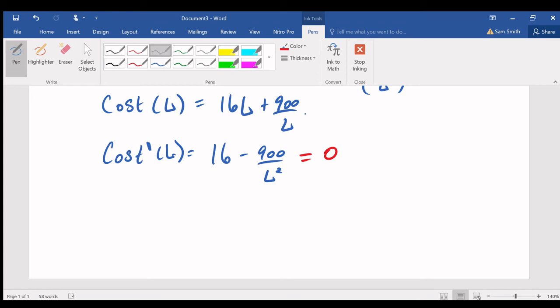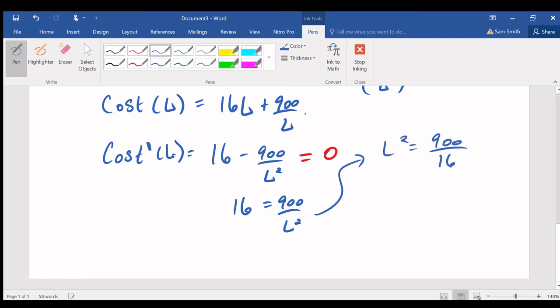So here we go. If I rearrange this equation, 16 equals 900 over L squared, then L squared equals 900 over 16. It tells me that L, since it has to be a positive quantity, should be 30 over 4.